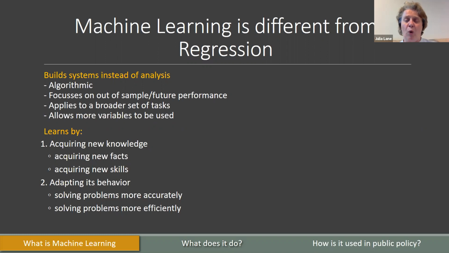So what does machine learning do? You can improve a model by acquiring new knowledge, that is, acquiring new facts or new skills. That means putting in a different type of model, or doing a better job of solving the problems more accurately and more efficiently.